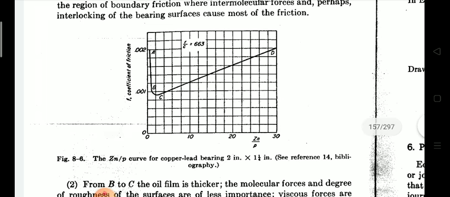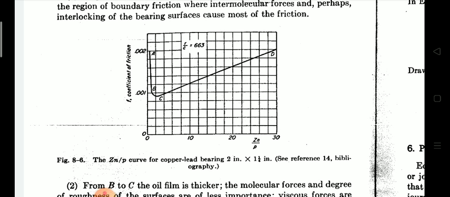So during this section of C to D, the thickest lubricant film is available between the bearing and journal, right? So during this section, there is no solid frictional loss between the bearing and journal, but the frictional losses are generated due to the viscous nature of the lubricant, right?